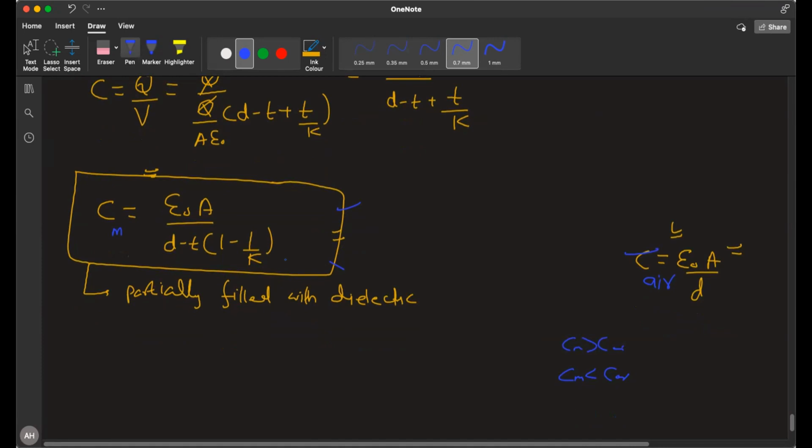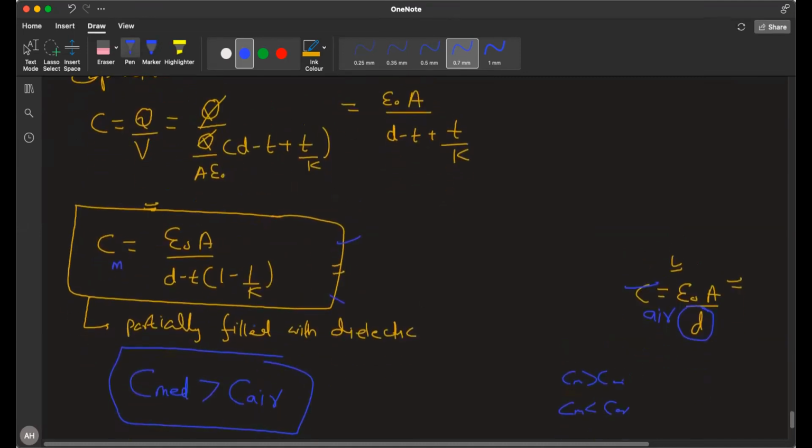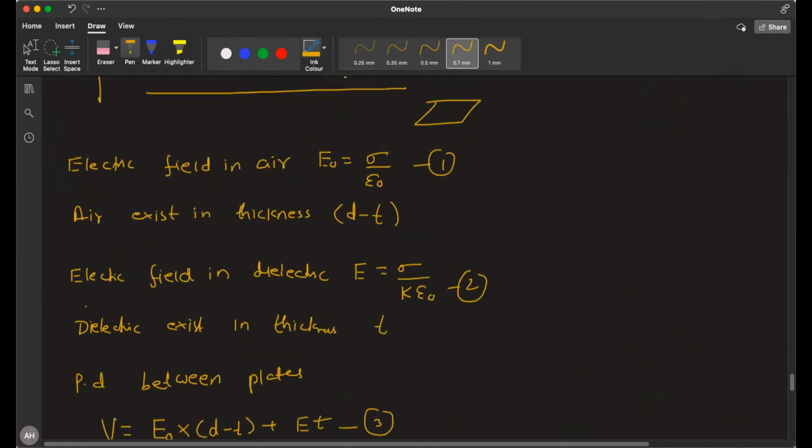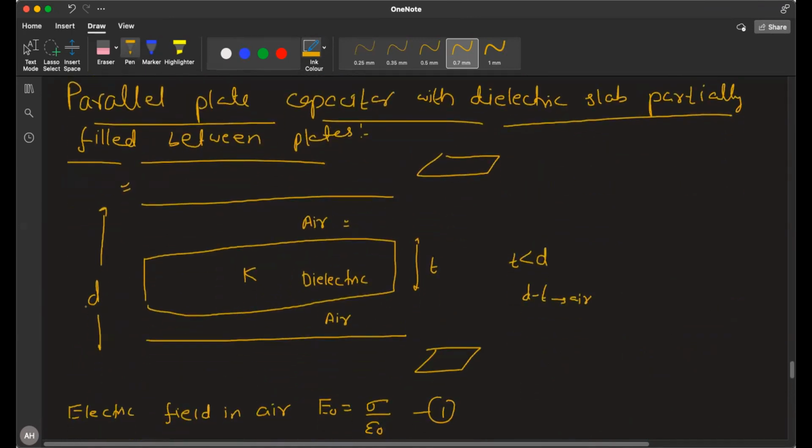In air, the denominator is D, but when you take medium, it's D minus something. D is large, and the denominator is small here. Your answer was right, but the reason was wrong. So in medium, the capacitance is greater than the capacitance in free space. After this, there's one more derivation. Just note it down, then we'll do the last derivation.